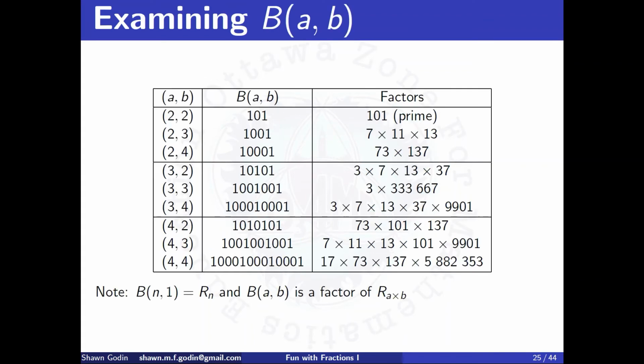Similarly, if we look at these block numbers, notice that I have no Bn1, because if the block length was 1, it's just a Repunit number. And so we factor a bunch of these things. And remember that B22 is going to go into R4, B23 is going to go into R6, and so on down the line.